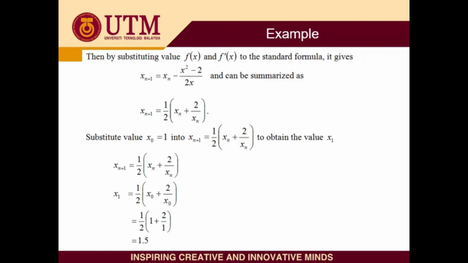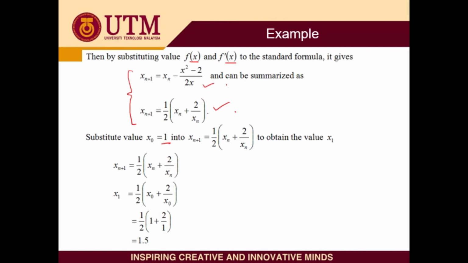Then you substitute your f(x) and f prime into the standard formula given before, if you remember the previous 2 slides. This is the standard formula, and it can also be summarized like this. If you do the calculation, it will be the same. If you put 1 into either one, the answer should be the same.